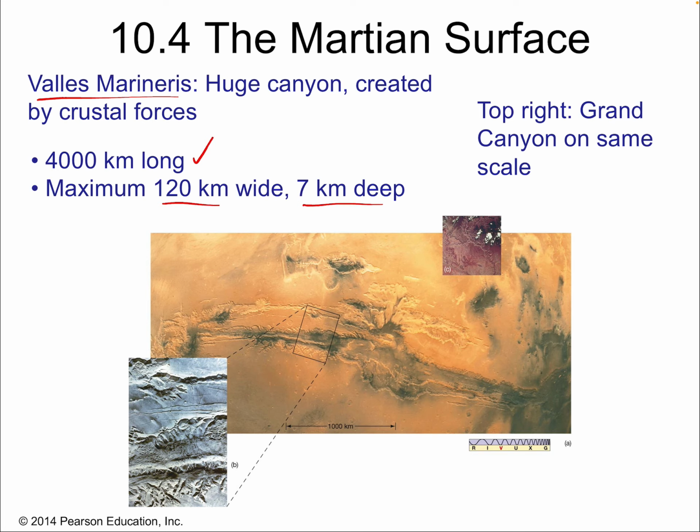And to scale, look, here's the Grand Canyon. All right, the Grand Canyon to scale is just a little sliver compared to the sheer size of the Valles Marineris. Okay, the biggest canyon on Mars, much bigger than any canyon that exists on the surface of Earth. And it's not because there's weather features here, right?